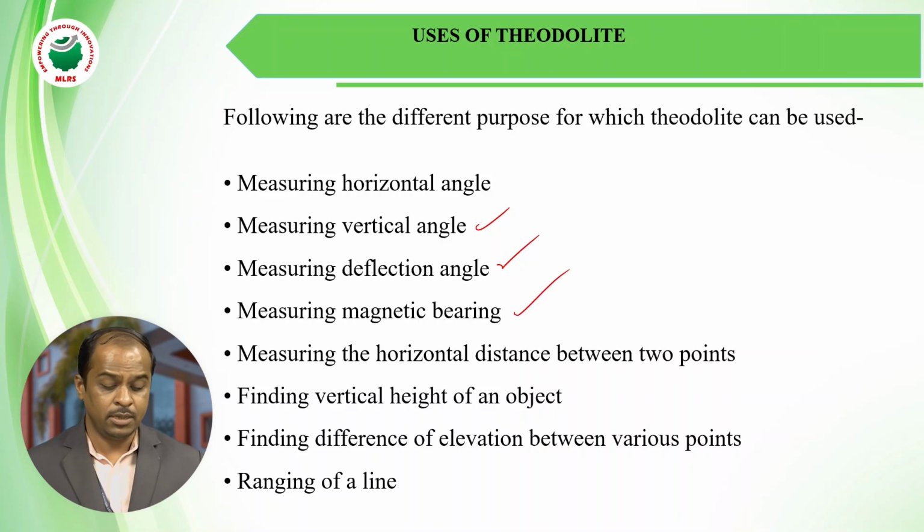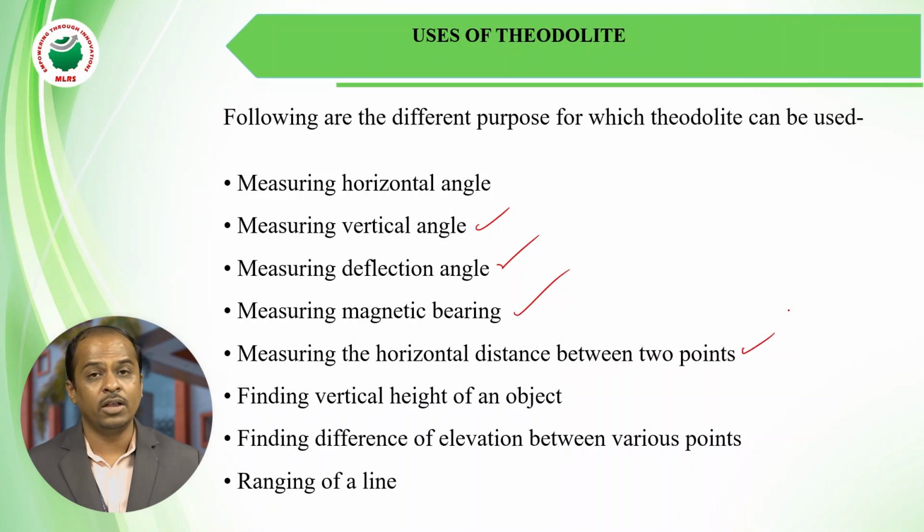Next use is measuring the horizontal distance between two points. By the trigonometrical formula, we can take the angle and distance between the points from a stationary point. After that, we can calculate the horizontal distance between two inaccessible points; for that also we use a theodolite instrument.